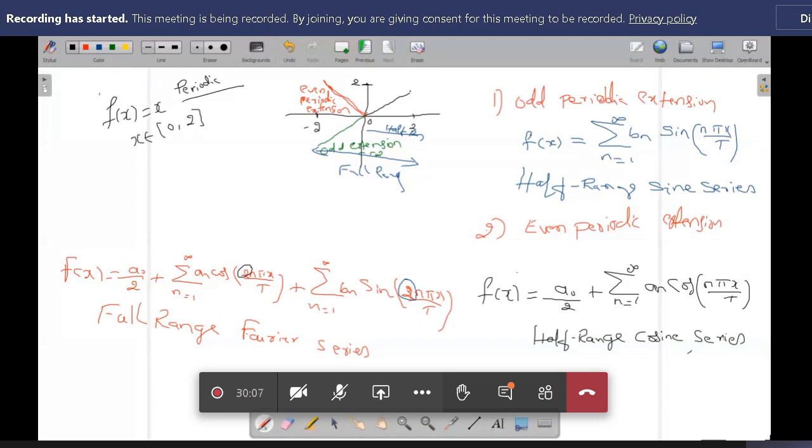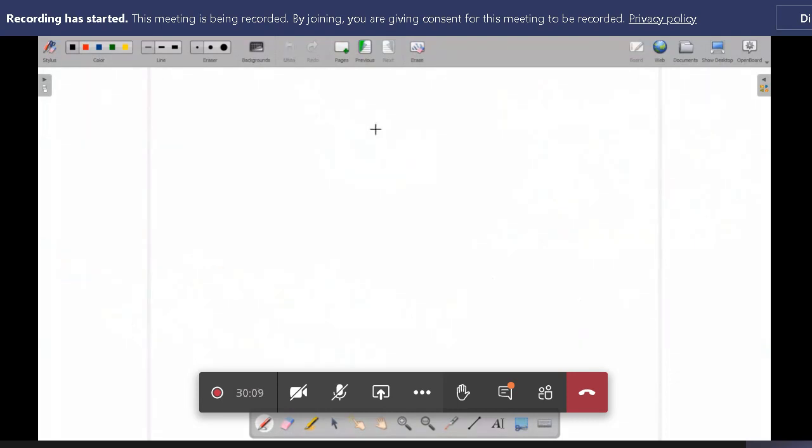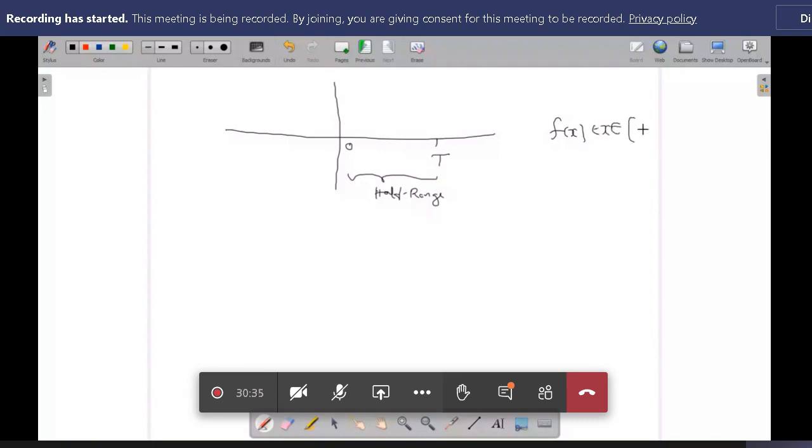Okay, in general, suppose any function in the graph, I'll explain through the graph. Any function is defined in the interval 0 to t. So this is what we call half range, not a full range. Any function f of x is defined such that x belongs to 0 comma t. Okay, so that function can be any function.